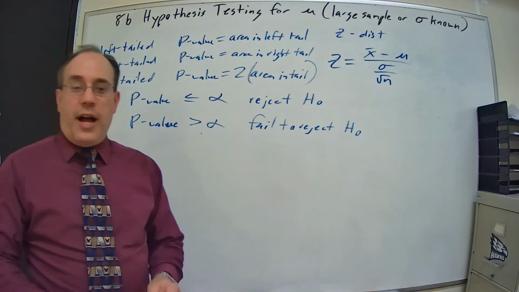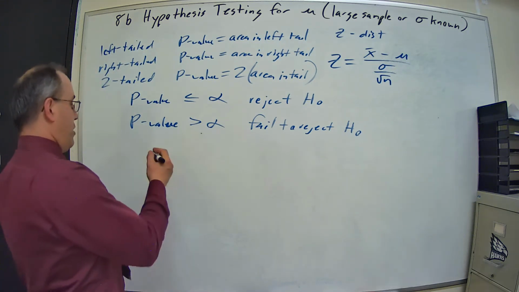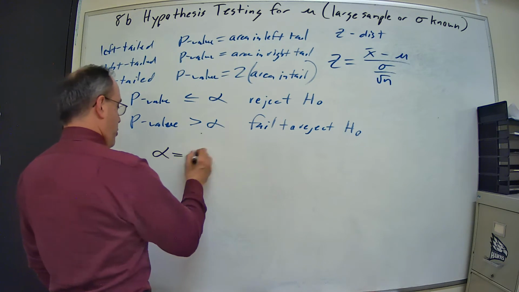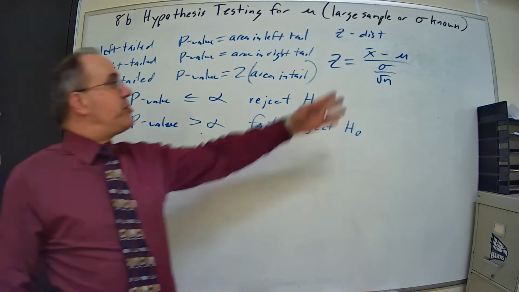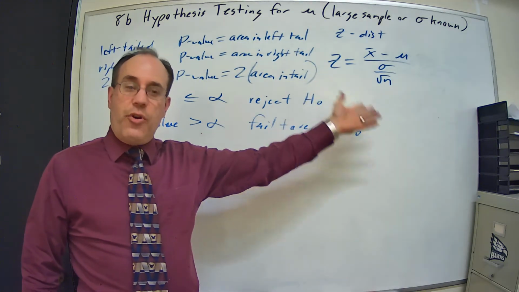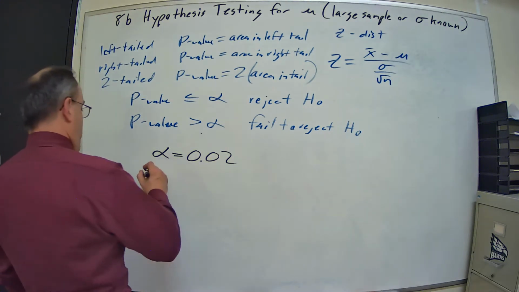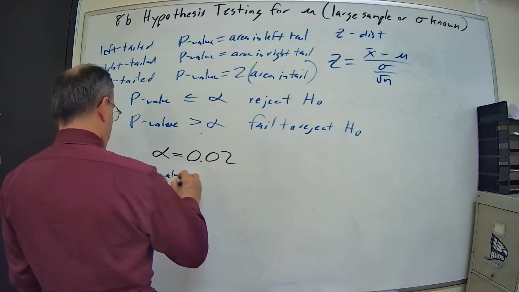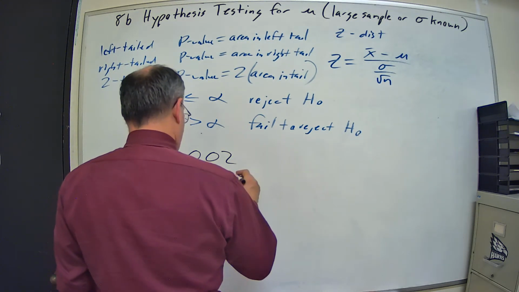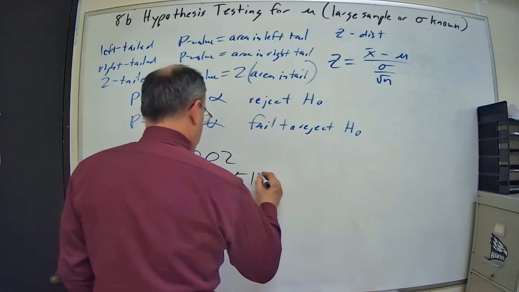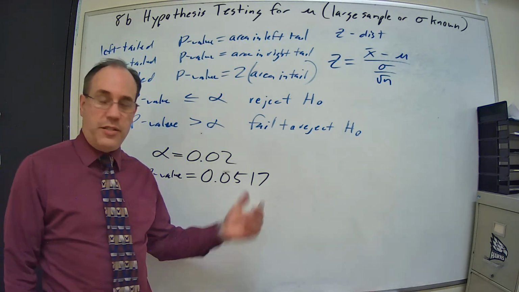Let's say we want to do a hypothesis test at a significance level of 0.02. So that's alpha equal to 0.02. And we use our test statistic to get a z-score. We look up that z-score in the table, and we find that we have a p-value of 0.0517. Because remember, when we pull it out of the table, there's going to be 4 decimal places.